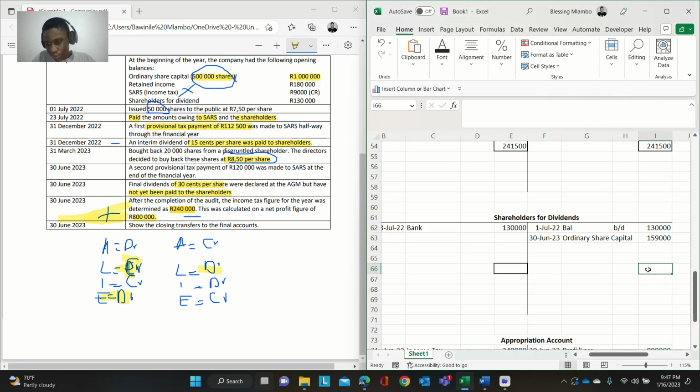This side will obviously be bigger, so we can just add everything up on this side and say balance.